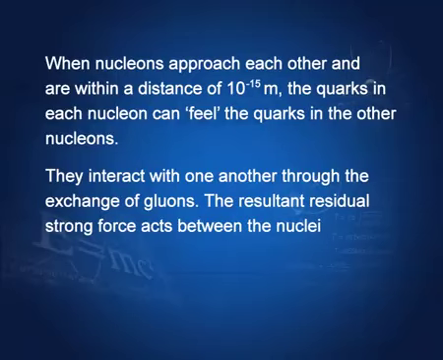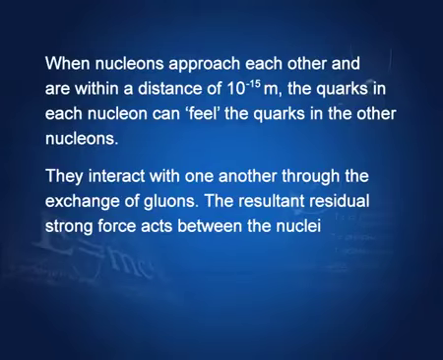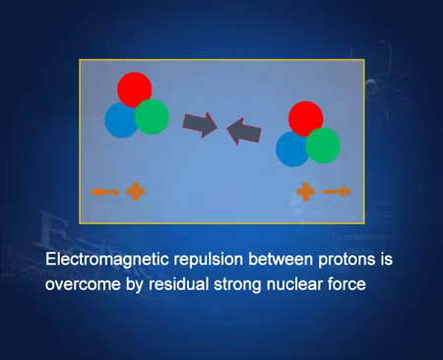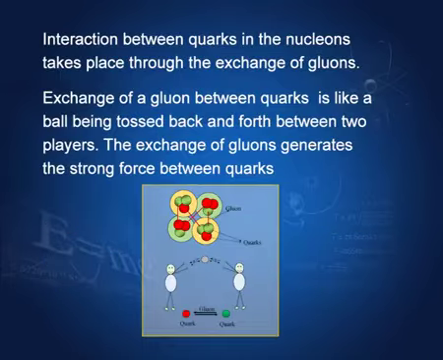You see, each nucleon, each proton and neutron, consists of 3 quarks. So, when they approach each other, a neutron for example, or a proton approaches another proton or another neutron, then the quarks inside these particles feel the force due to the other quarks. Let me show you here.